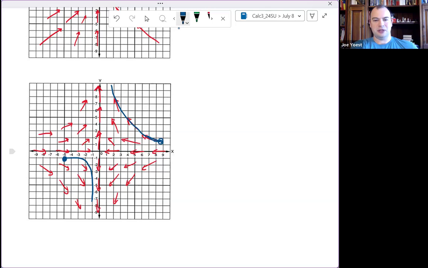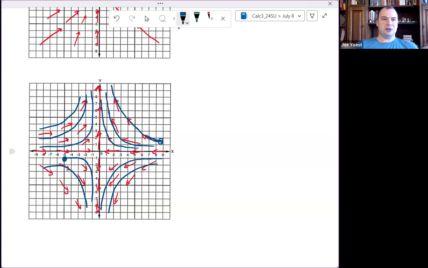So I could draw some of these, what are sometimes called flow lines or streamlines, just imagining that I'm dropping a ping pong ball into water and what's the general path it would take. And it turns out that under some reasonably lax conditions, these flow lines do not intersect one another.